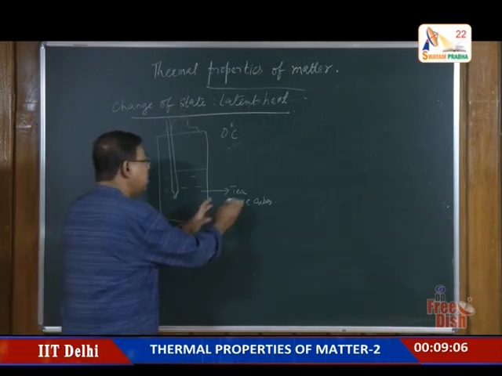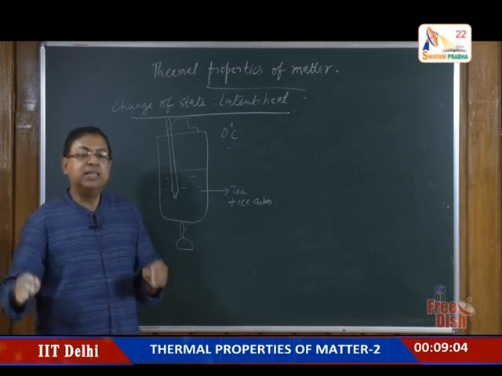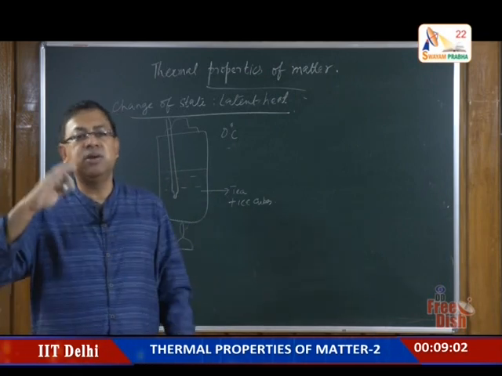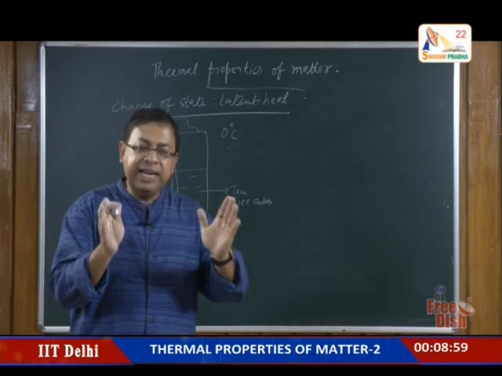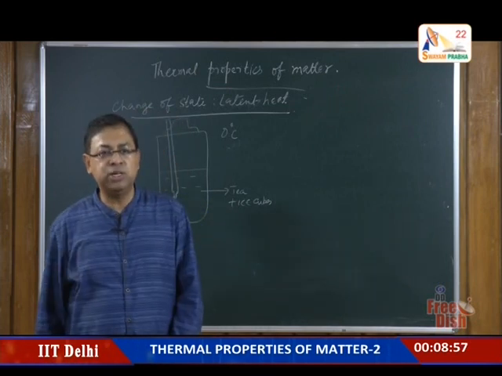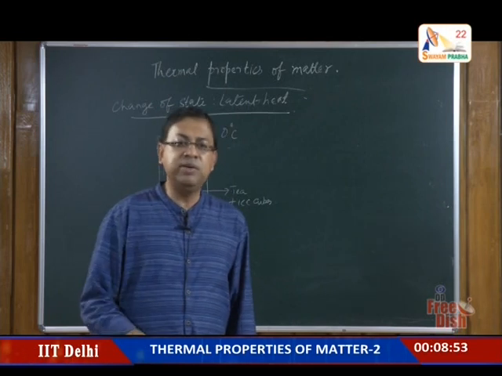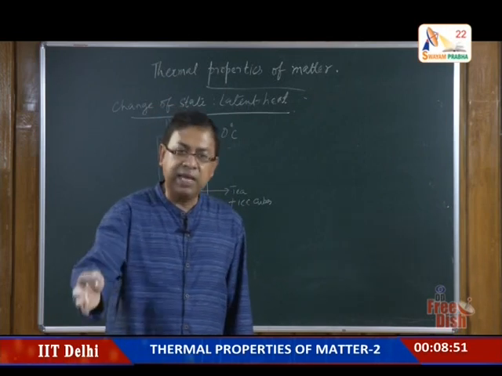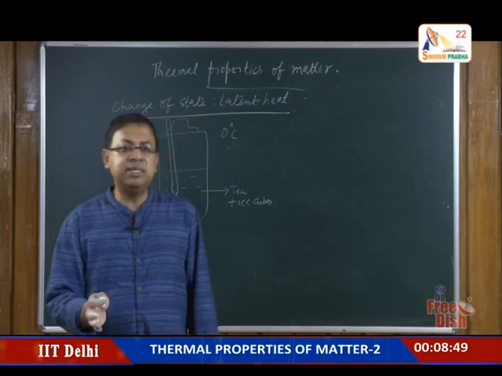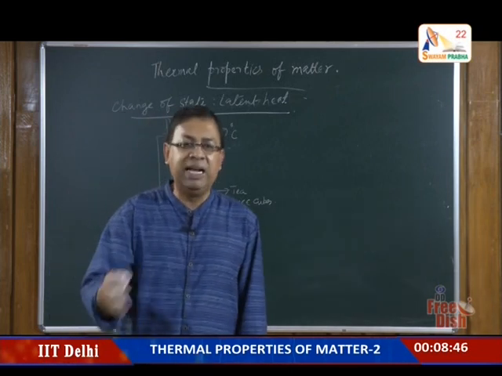And when all the ice cubes melt, only then does the temperature start rising. So in that intermediate phase, when the temperature does not rise, the purpose of heat is not to increase the temperature but to do something else, and that something else is melting the ice.